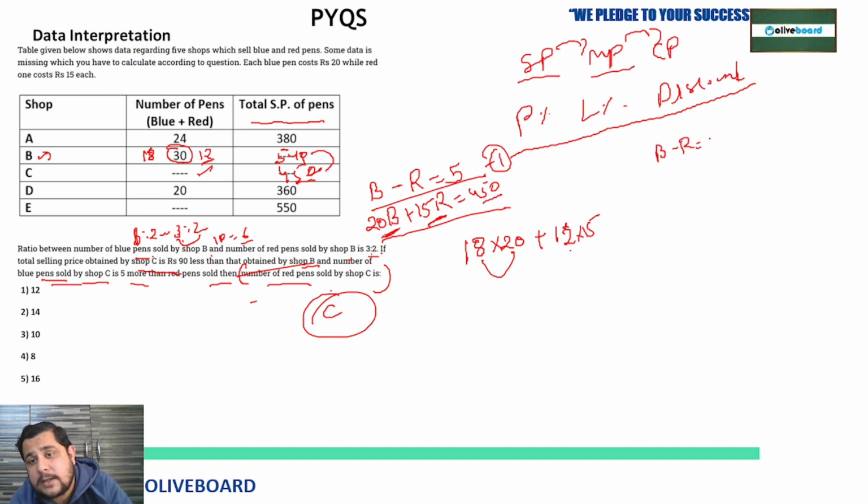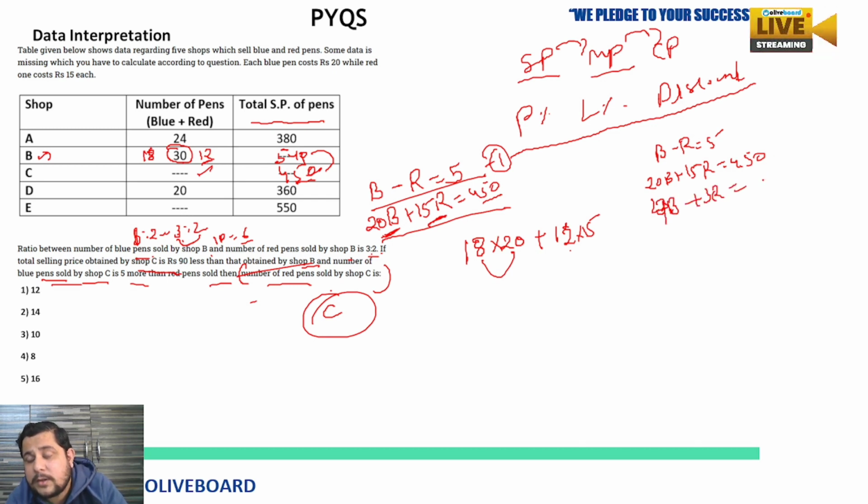Now we can compare these two equations and we can get the data. B minus R equals 5, 20B plus 15R equals 450. So I hope you are getting it well. Now 5 we can take common here, so 4B plus 3R equals 450 upon 5, which is 90. Now just compare these two equations, first and second.